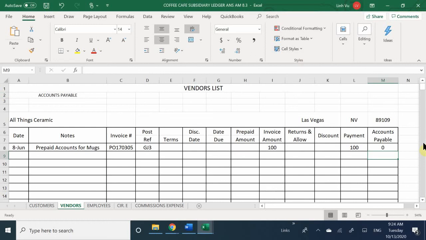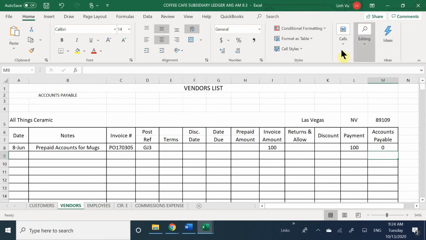Right? So we don't owe all things ceramic anything. However, on their books, they need to record that they have an unearned revenue, right? Because we as a customer had paid for it in advance. But because we're only dealing with our books on our end, all we need to record is what we did.